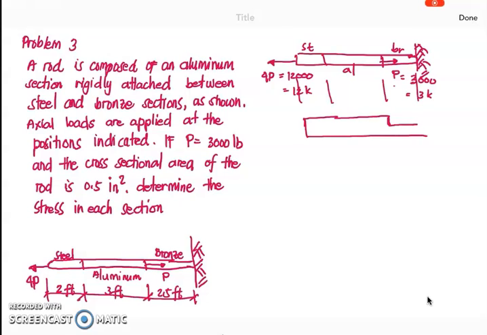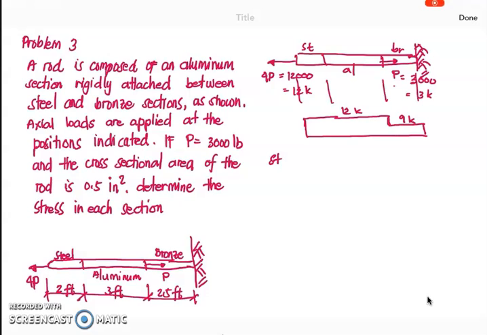So you have now your FBD for our rod section. So this one is 12 kips, and of course this is equivalent to 9 kips. So using these internal forces, we could identify now the stress on the steel, aluminum, and on the bronze.